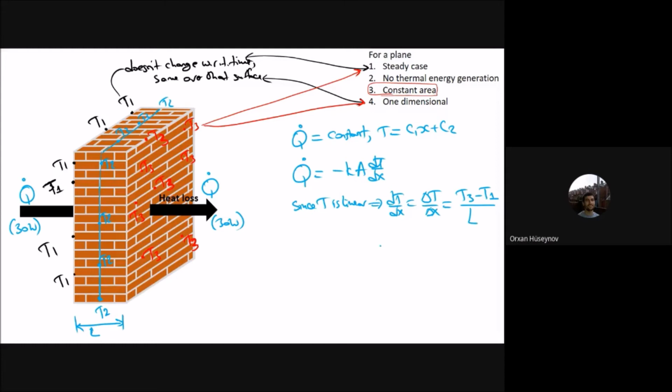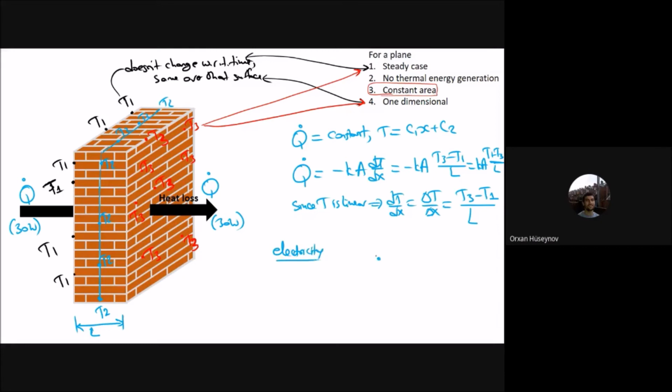Replacing it here, it will be K times A times T3 minus T1 divided by L. To cancel out the negative sign, you will have K A times T1 minus T3 divided by L.